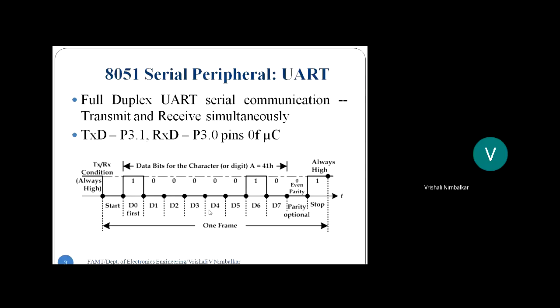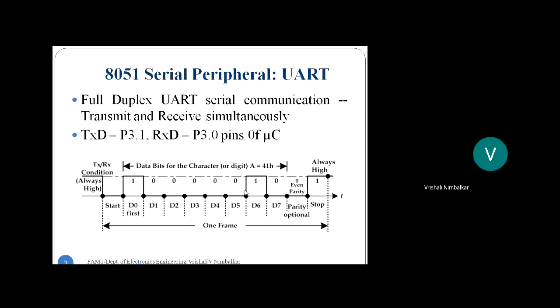That is, the transmission and reception can happen simultaneously on those two pins TXD and RXD, that is P3.1 and P3.0 of the microcontroller. Then we looked into how the UART frame looks whenever we perform UART communication.